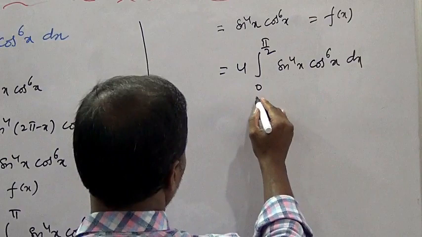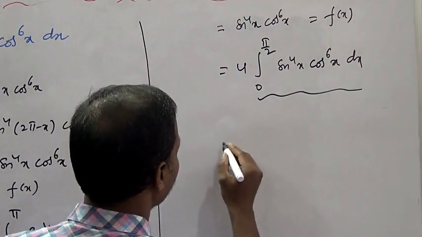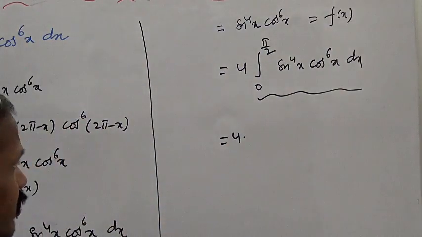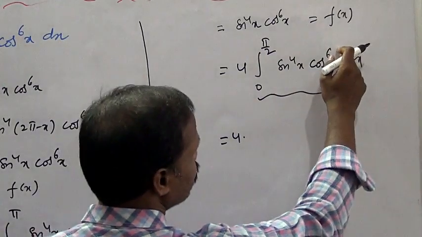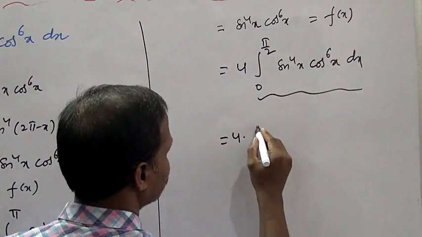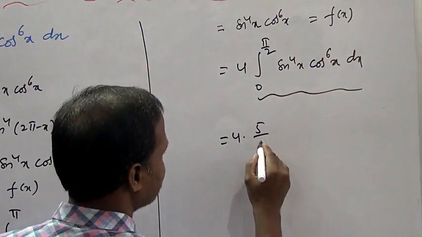Now this is in the form of Wallis theorem, so apply the Wallis theorem. This is equal to 4 into, the reduction starts from n minus 1 by m plus n, that is n minus 1, 6 minus 1, 5 by m plus n, 4 plus 6, 10.